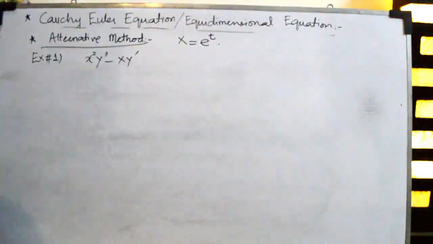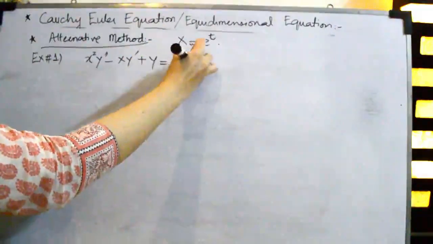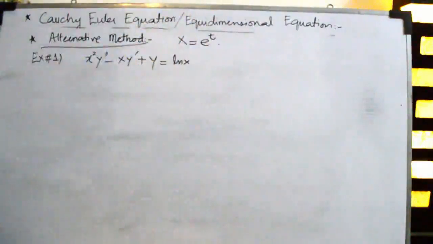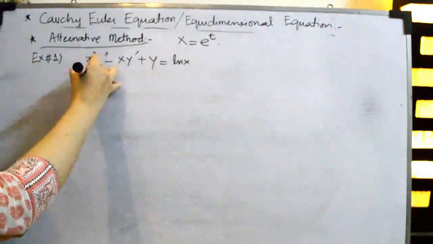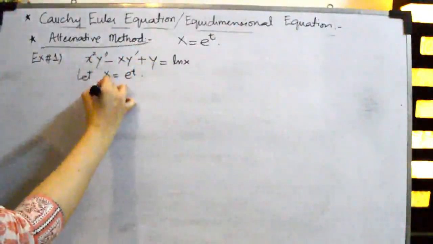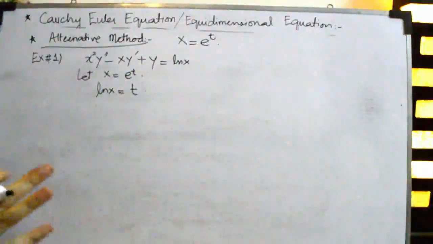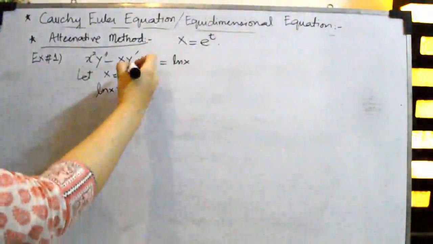Example: x square y double dash minus x y dash plus y equals natural log of x. So the substitution is: let x equal e to the power t. Natural log of x is equal to t, by using the natural log and exponential property.